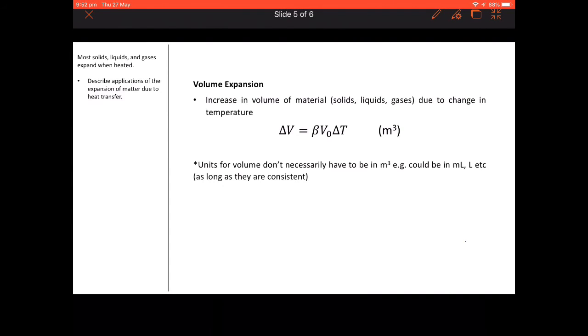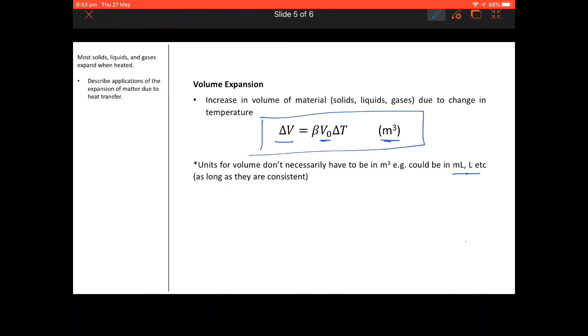The rule is this bad boy here. Change in volume is equal to the coefficient of volume expansion multiplied by the original volume and then multiplied by the change in temperature. The units don't necessarily have to be meters cubed. You could use milliliters or liters, just as long as you're consistent with the change in volume and the original volume.